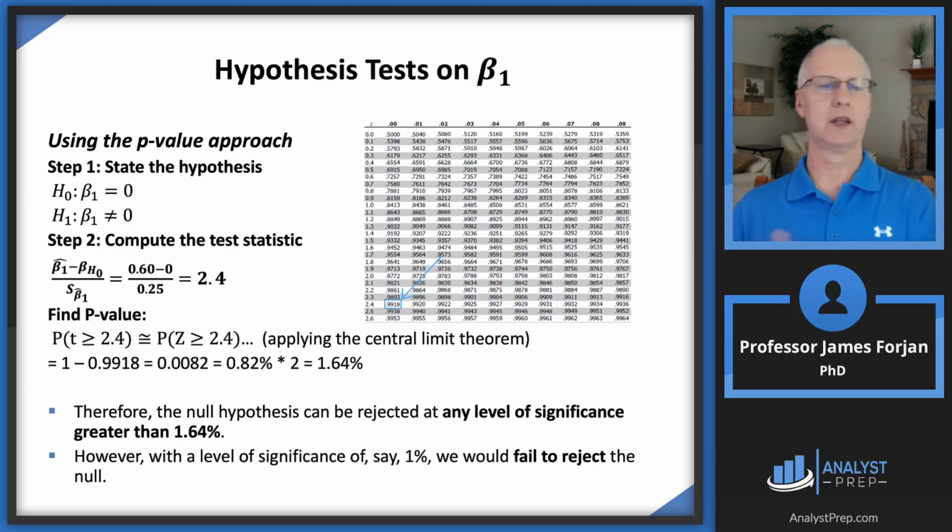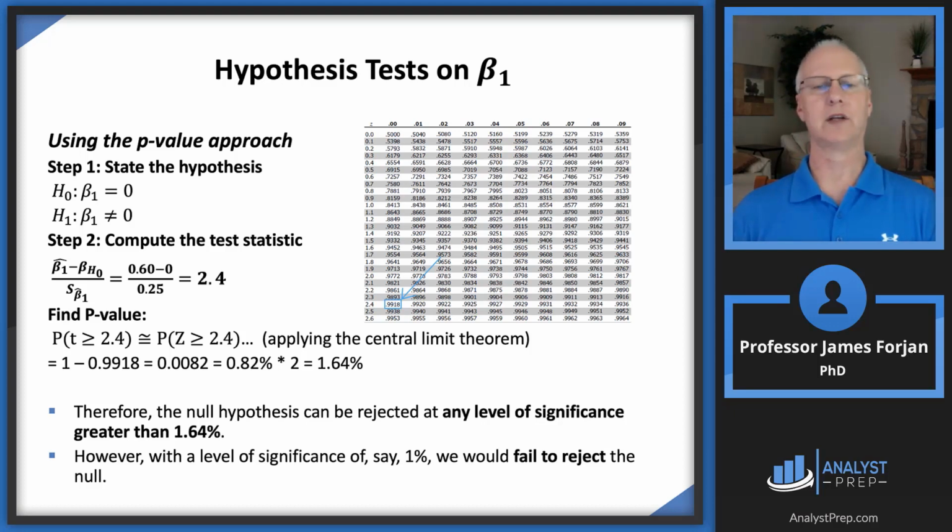And that's if you're looking at the entire z table. If you're only looking at half, then you're going to have to add 50.5 to the 4918. We get the 0082, multiply that by 2 because we're throwing it into both tails, and that's 1.64%. So our p-value is 1.64%, which is less than 5%.